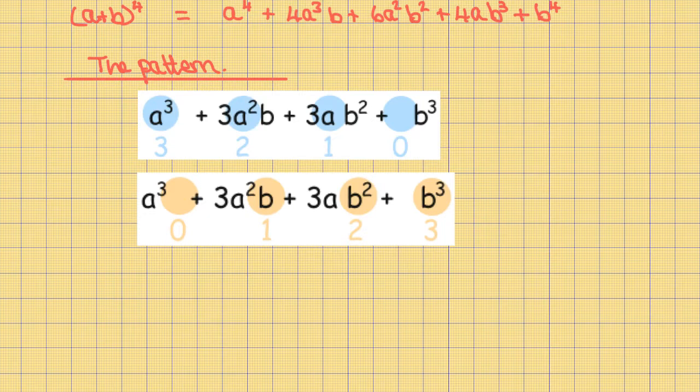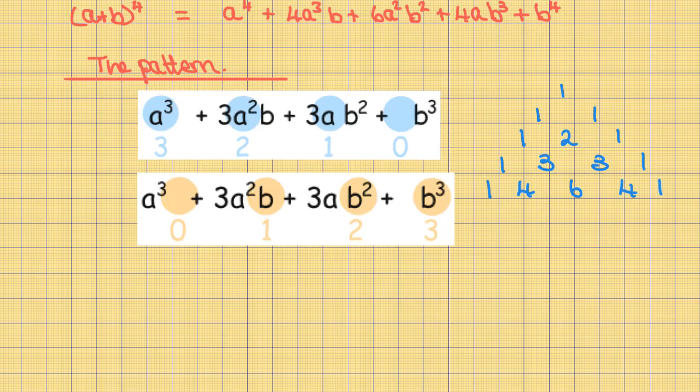And if you remember back to the work we did on Pascal's triangle, that is one of the rows on Pascal's triangle. Quickly draw the first few lines of Pascal's triangle. 1; 1, 1; 1, 2, 1; 1, 3, 3, 1; 1, 4, 6, 4, 1.